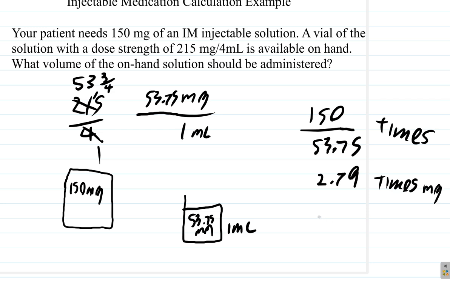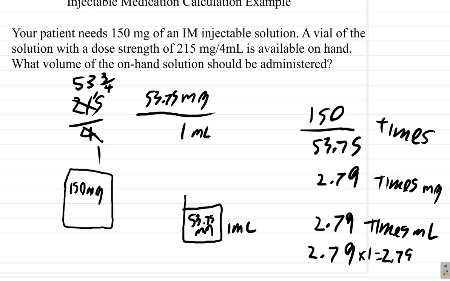When you compare it, this must also be 2.79 times the milliliters of solution. Remember, this was 53.75 out of every 1 milliliter. So this is 2.79 by 1, which is 2.79 milliliters of solution.